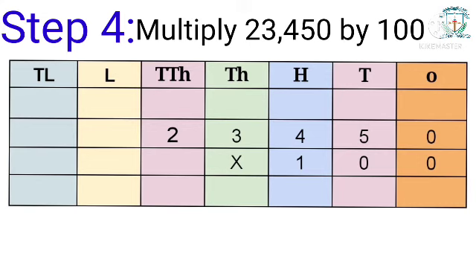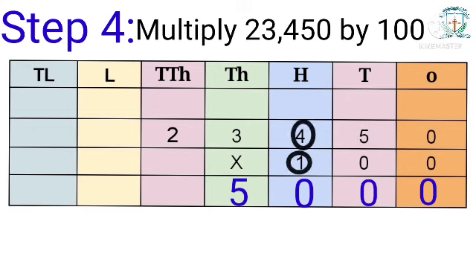Step 4. Multiply 23,450 by 100. Since we are multiplying a digit which is there in hundreds column, we write 0 in ones and tens column. Now, let us begin the multiplication. 1 zeros are 0. Write 0 in hundreds column. 1 fives are 5. Write 5 in thousands column. 1 fours are 4.